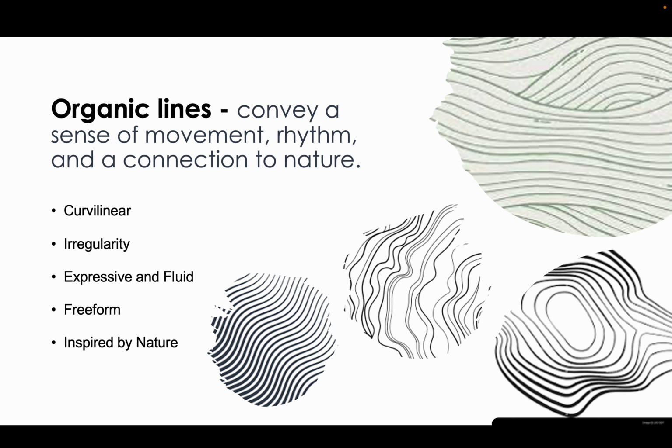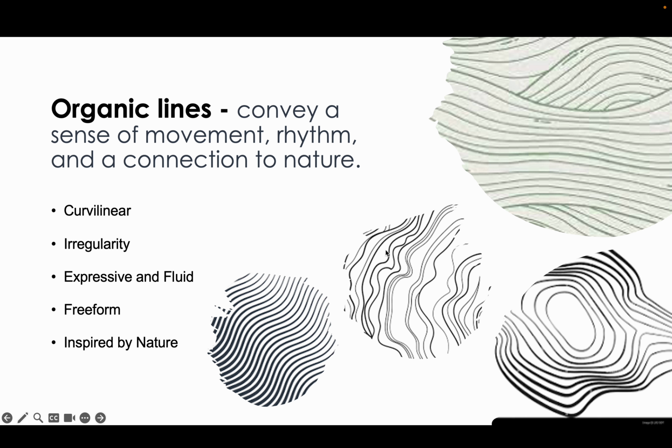On the other hand, organic lines are free-flowing. They are irregular and often inspired by nature. They convey a sense of natural beauty, harmony, and connection to the organic world. That's why we call them organic lines. Unlike geometric lines, which are structured and precise, organic lines don't follow certain rules. They are more fluid and natural.